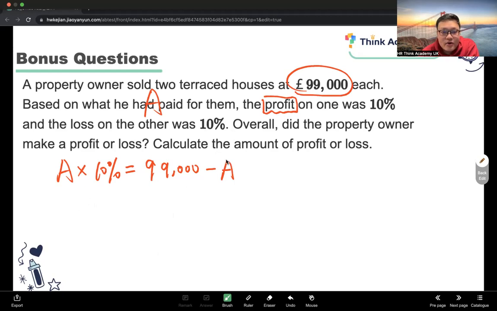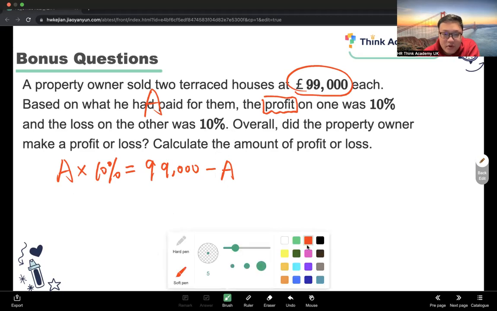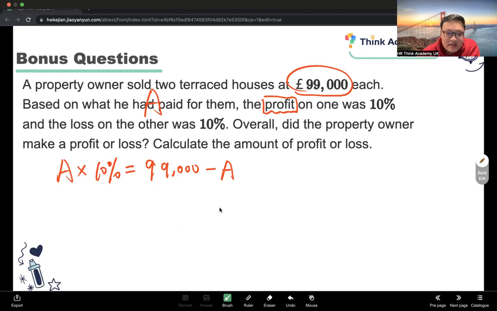And you're going to move this minus A to the other side. It changes into a plus A, which is 1A plus 0.1A, which is 1.1 times A, right? Equals 99,000. Okay, guys, tell me what is A?